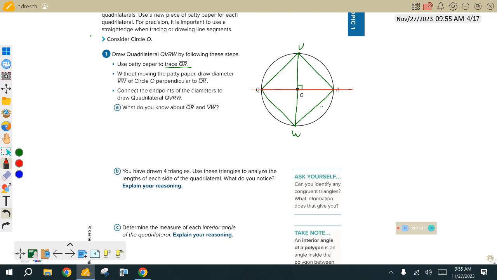I highlighted a diameter. Now this angle right here, let's go back to some of our angle work that we did before Thanksgiving break. That particular angle is what type of angle? Central angle or an inscribed angle? It's inscribed.